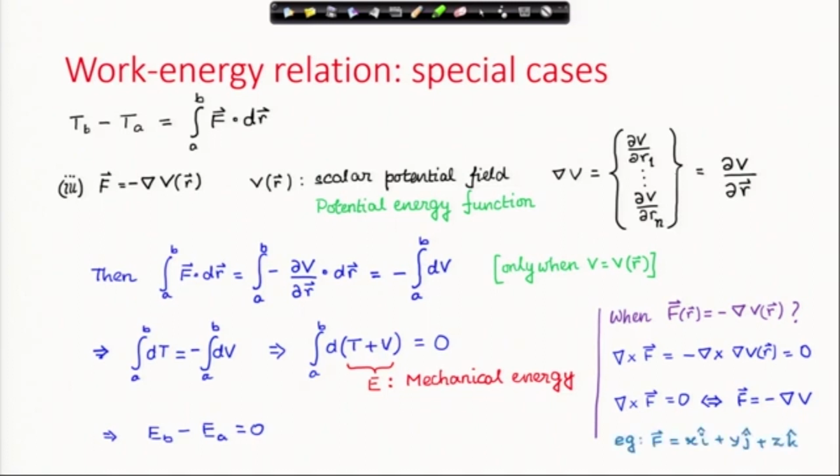If you take an example like this, F is x i cap plus y j cap plus z k cap, let us say in Newtons, and x, y, z are the position of the particle, then you can check that the curl of this vector is 0, and then you can try to determine what is the potential whose negative gradient is this force field. So, I leave that to you.